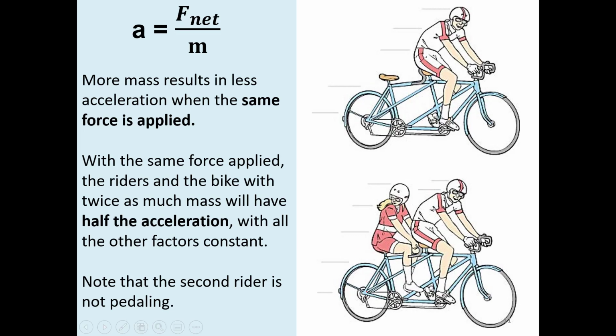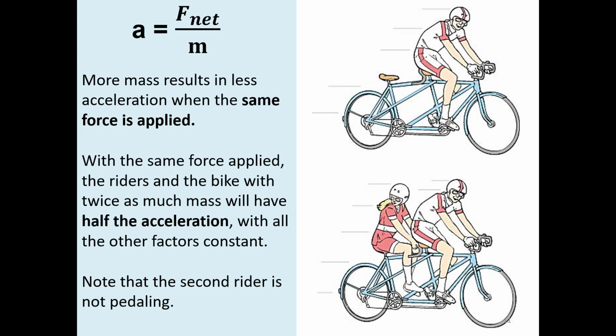But what happens if now another person is on the bicycle? Now we can think the mass is double, but we keep the force constant. We keep the same force, because you can see that the second person is not pedaling. So we keep the same force, but we increase the mass.